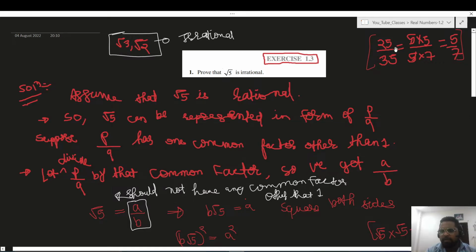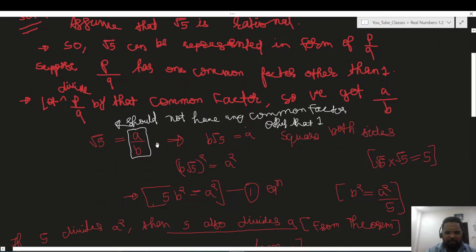We have just divided 25 and 35 by the common factor: 5 times 5 is 25, 5 times 7 is 35. So we get our new rational number, 5 upon 7. Similarly, if we divide p upon q by the common factor, we get our new rational number a upon b.